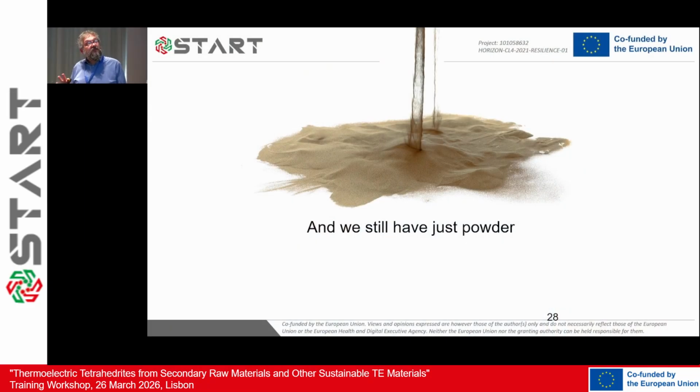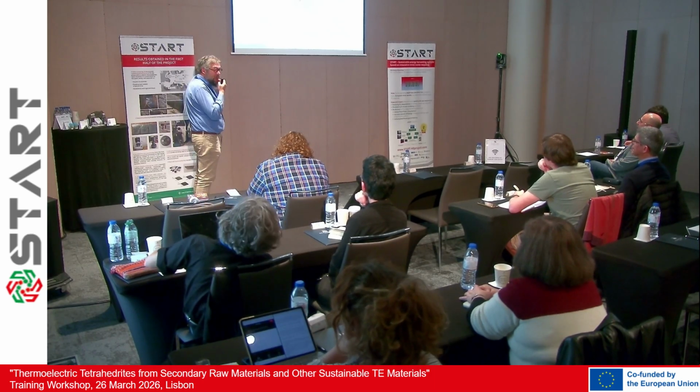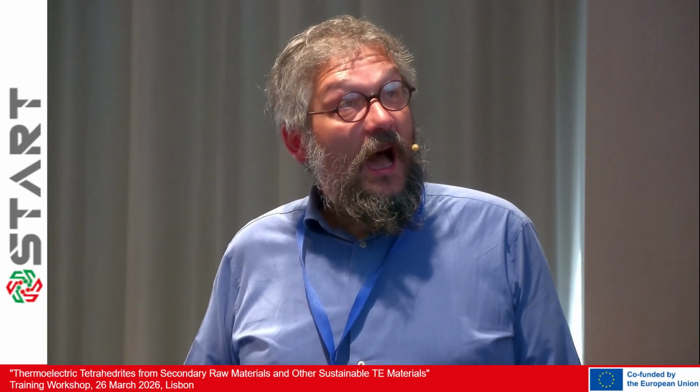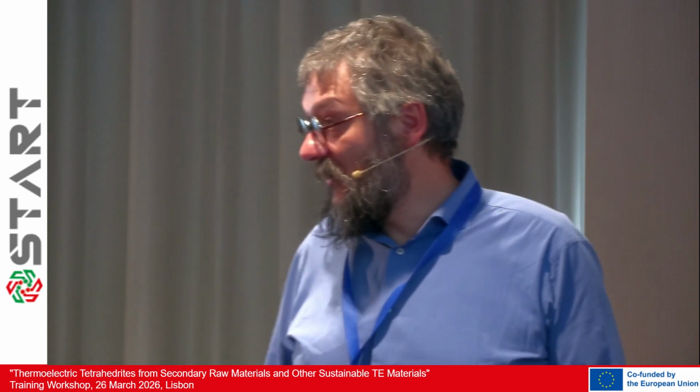Good. And we still have just powder at this point. We have not yet arrived at consolidation, and we have seen already all of these possible routes that can get us to this point. After having realized the powder, we can consider further steps.